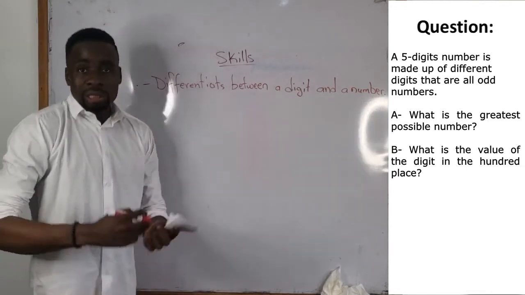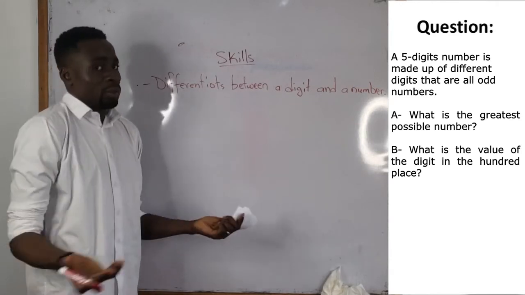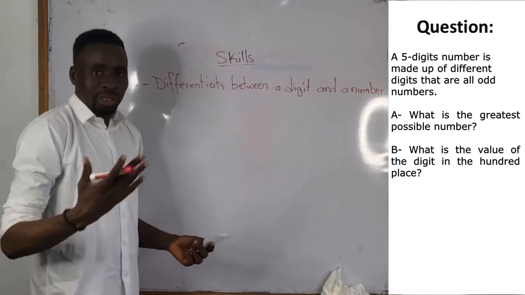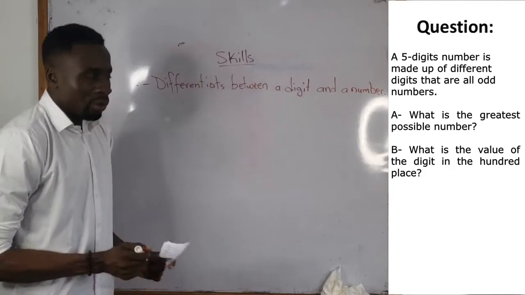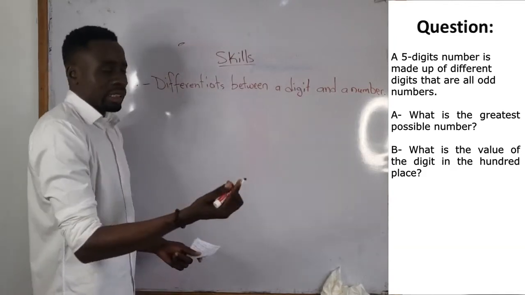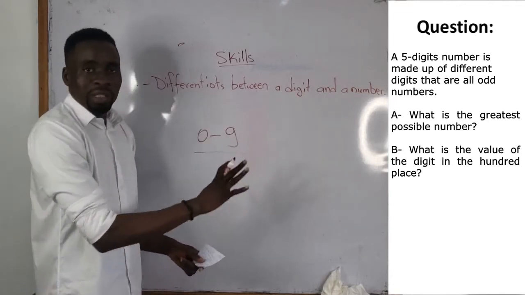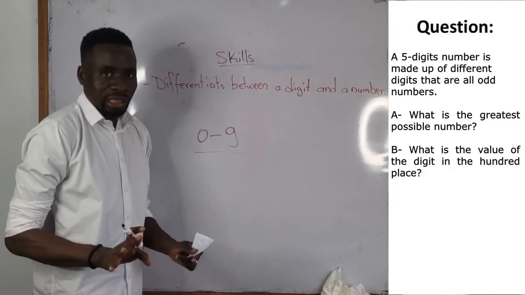I am pretty sure that most of you know what a digit is and what a number is. It's a good thing for the learner to know what a digit is as well. We all know that digits are only the single numbers, from 0 to 9. Any number from 0 to 9 is a digit.